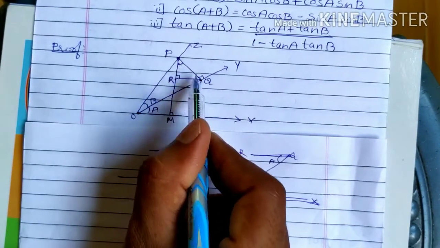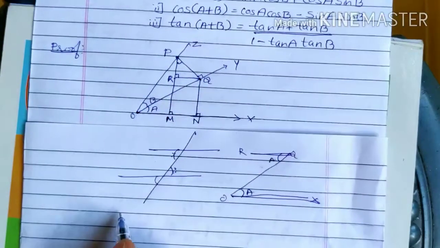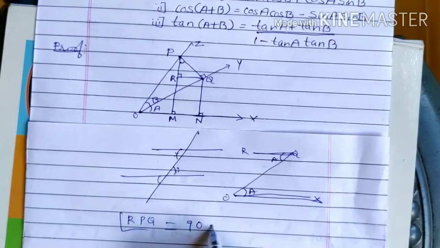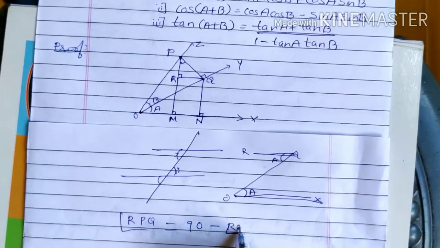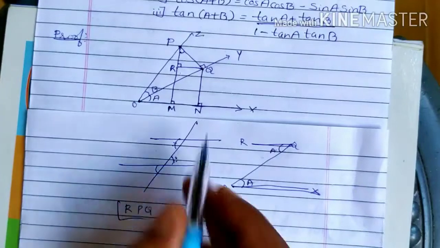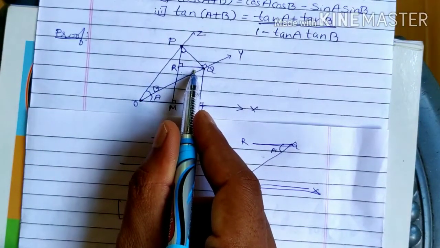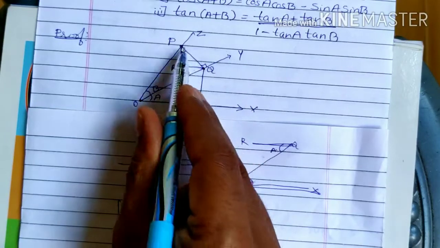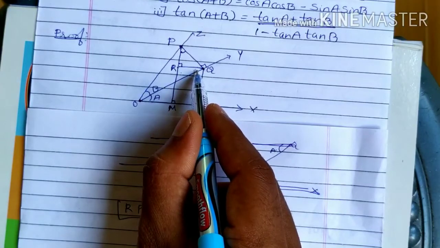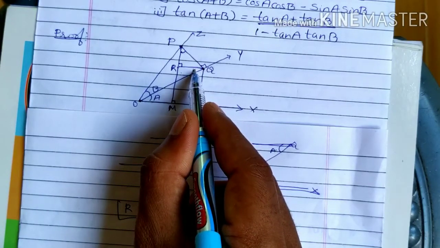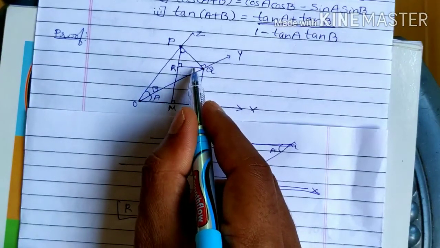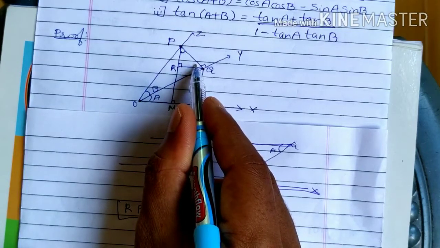That is, RPQ angle is equal to 90 minus angle RQP. Since PQ is perpendicular to OY, the total is 90 degrees. So if you know this angle, then you can find this angle by subtracting from 90.